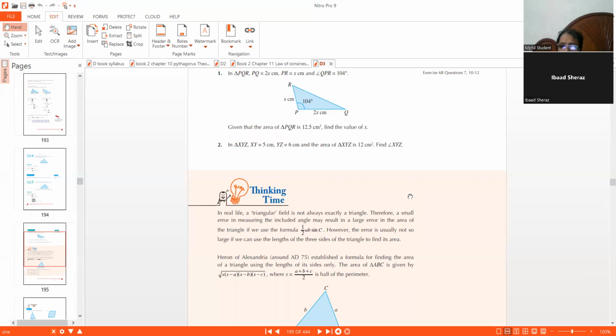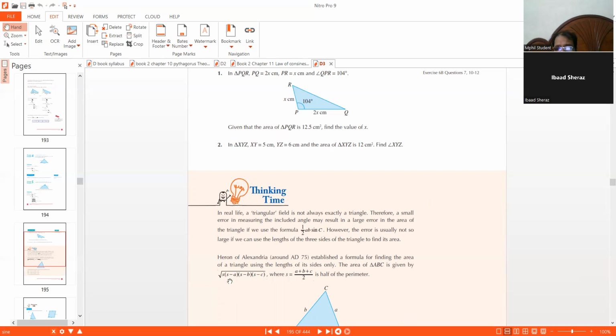It was okay. Just the calculator part I didn't know. There is another formula to calculate the area of a triangle, which we call Hero's formula, and it is mentioned in this table.